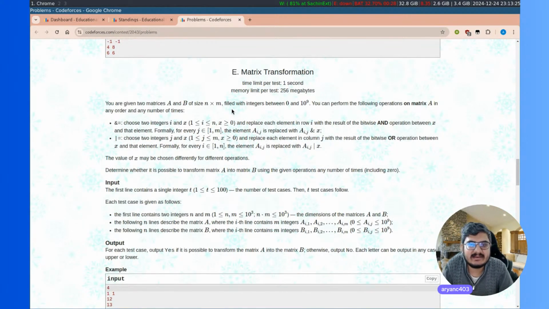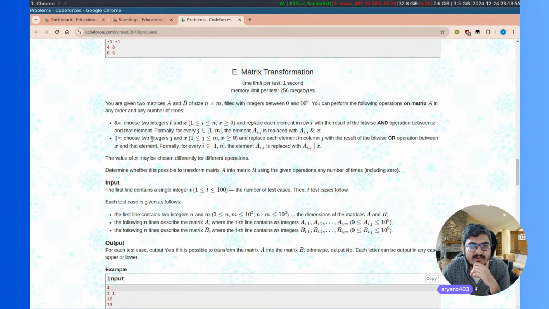Matrix transformation. You are given two matrices A and B of size n by n filled with integers between 0 and 10 to the power 19. You can perform the following operations on matrix A in any order, any number of times. AND operation: choose two integers i and x and replace each element in row i with the result of bitwise AND operation between x and that element. Formally, for every j, the element ij is replaced with a_ij AND x.